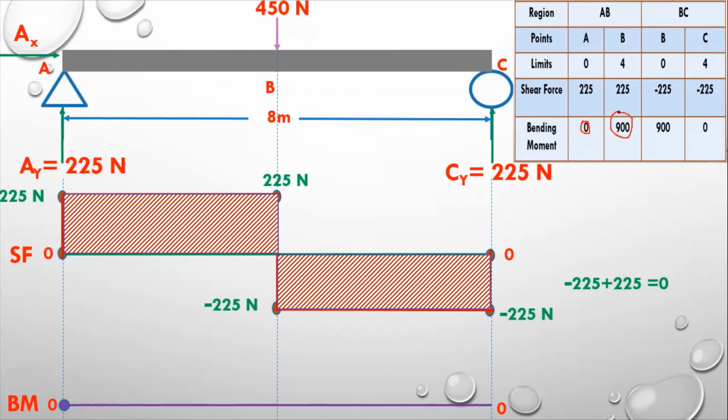Then I have 900 at point B. So 900 somewhere here. So here is 900 again at point B. So the point remains the same, and then there is 0 at point C, so 0 is here. So what I have to do, I will draw this line like this here, an inclined line, and then it will go down.